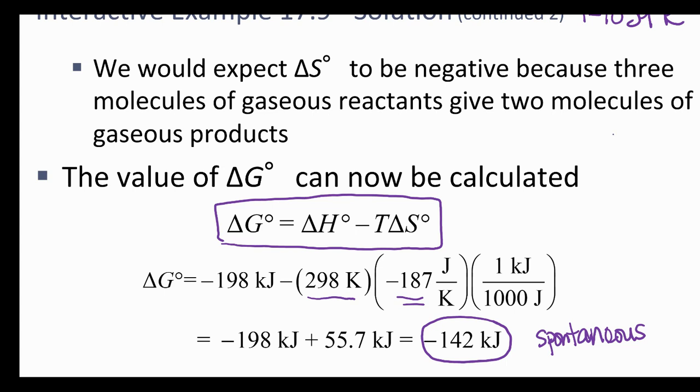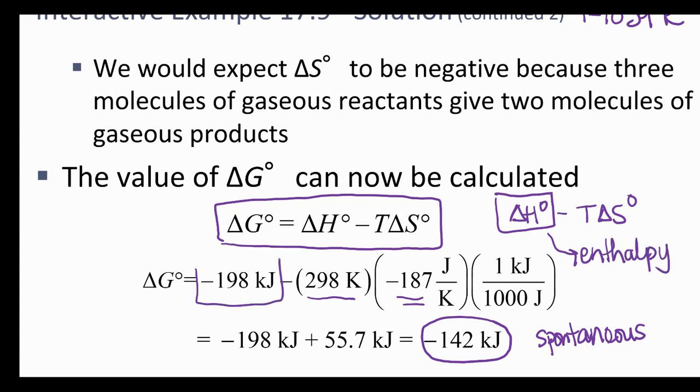Remember to think of it this way: in this process, what is driving this reaction is the enthalpy. It's enthalpy driven because that is very negative. Okay, so anything below the 1059 would be a temperature at which it would happen spontaneously.